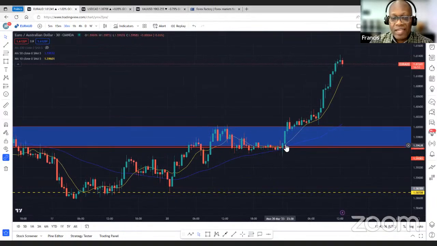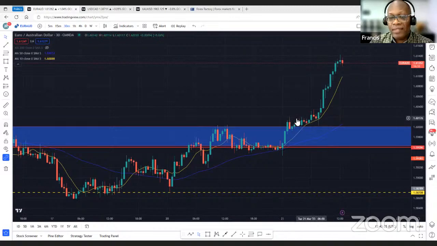So let's assume it started from here. Today is the 21st, isn't it? So it really started from somewhere here. So basically, this is the beginning of the move all the way. It did pause somewhere along the way up, but they just kept on pushing up. I would now wait for a pullback, really.